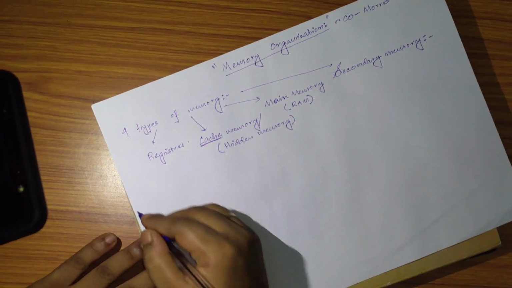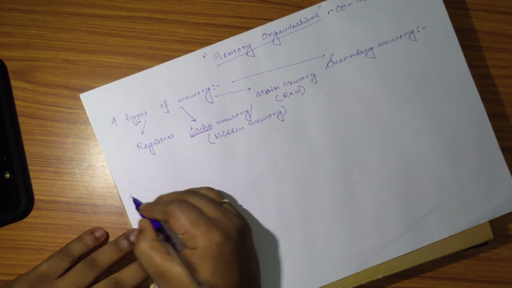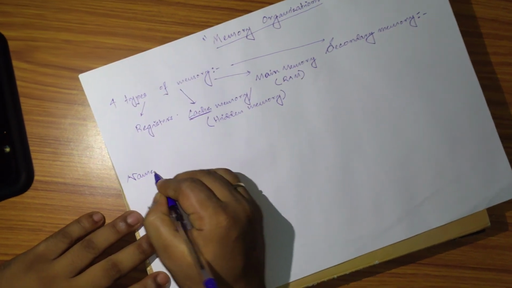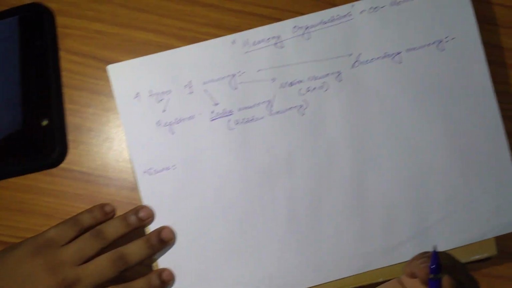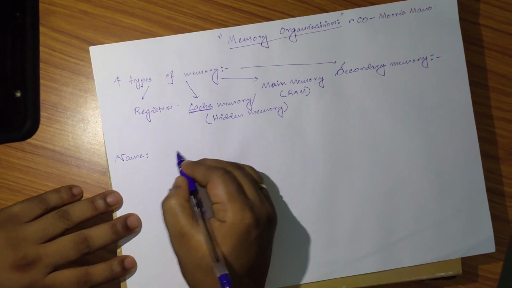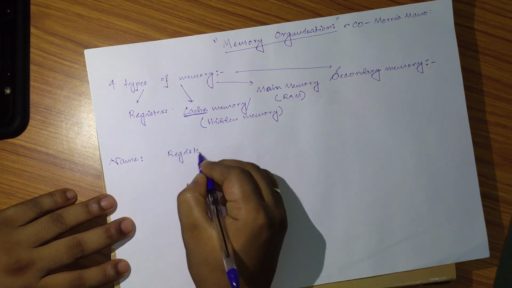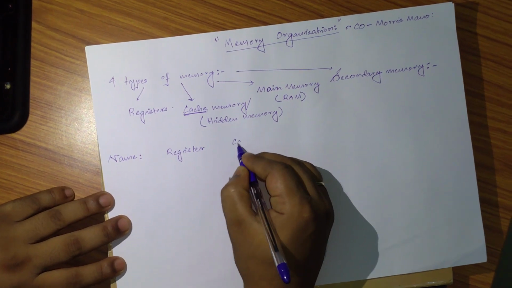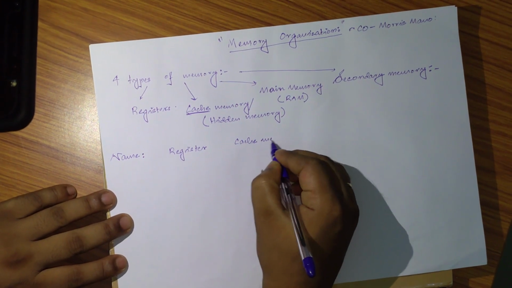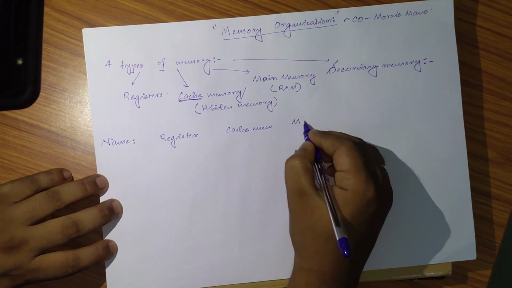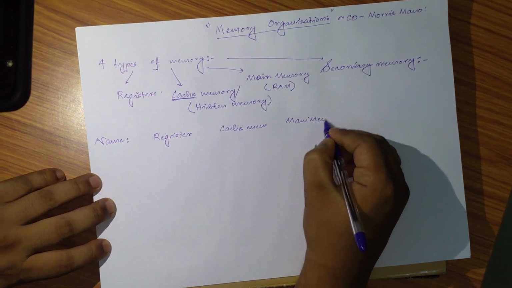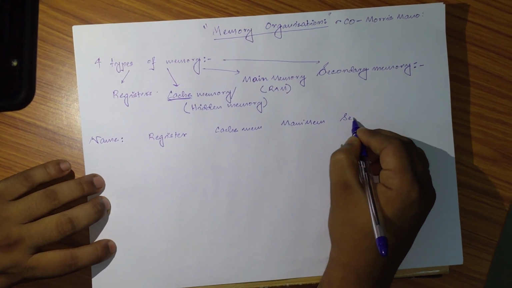Just look at it. The first column we can say is the name. So the first one will be register, the second one will be cache memory, the third one will be main memory, and the fourth one will be secondary memory.